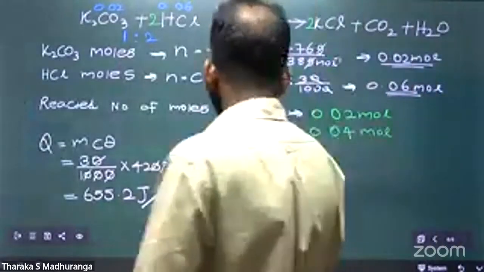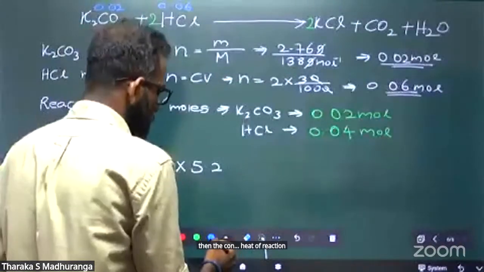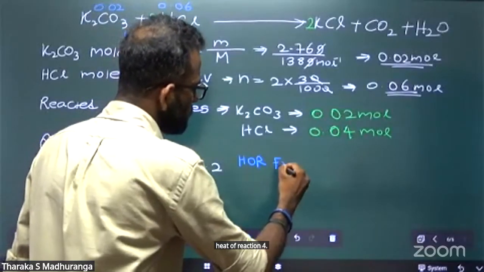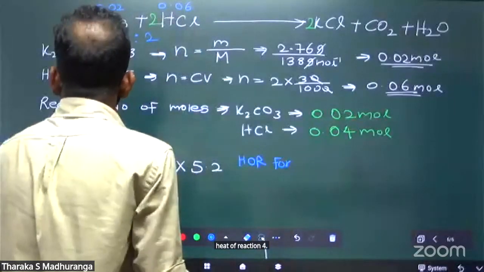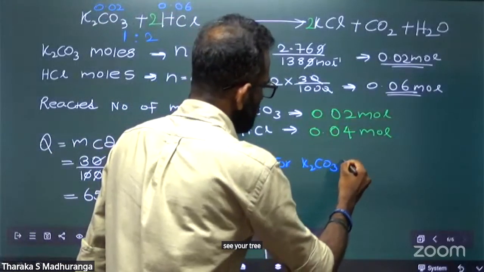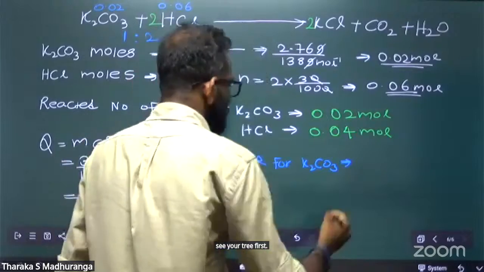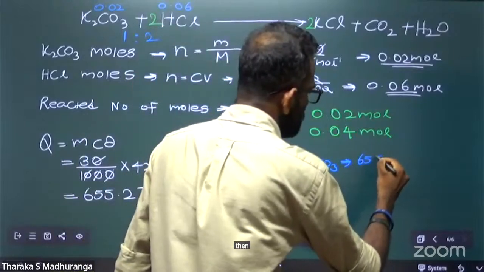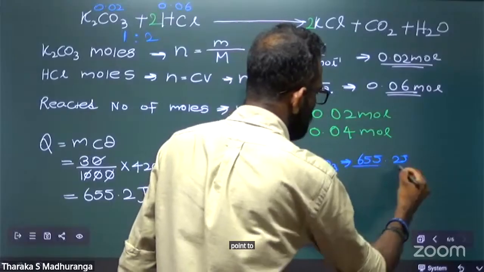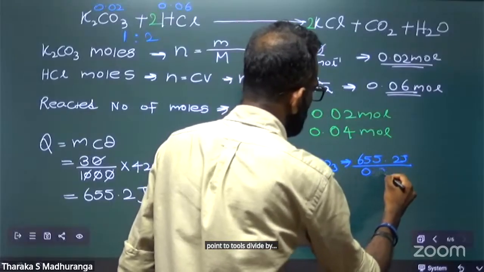Then the heat of reaction for K2CO3 is 655.2 joules divided by 0.02.